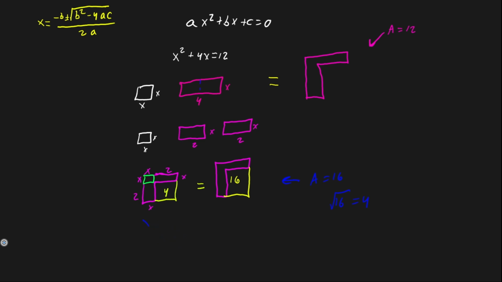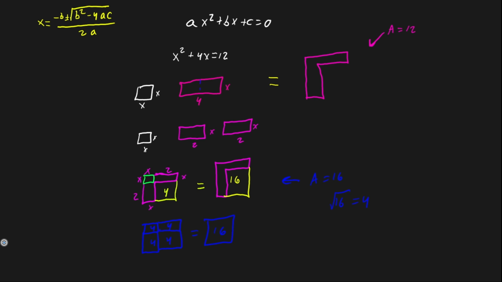And if we go ahead and plug in 2 into x, we basically get that our square has an area of 4. So does our rectangle. So we have 4, 4, 4. And if we add all of this, we're basically going to get a square with an area of 16.